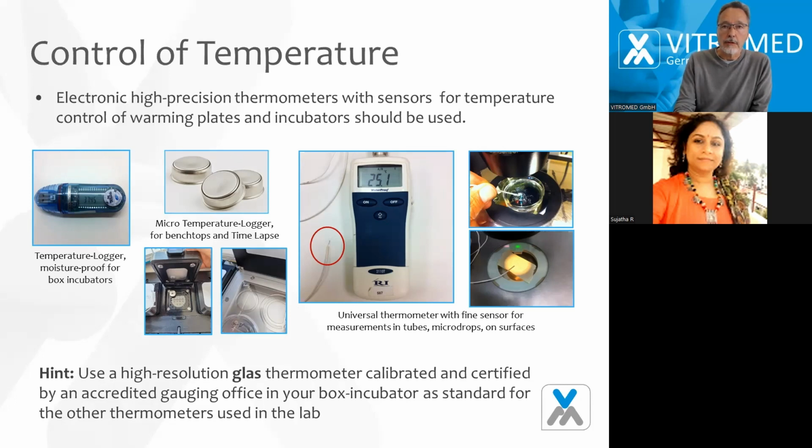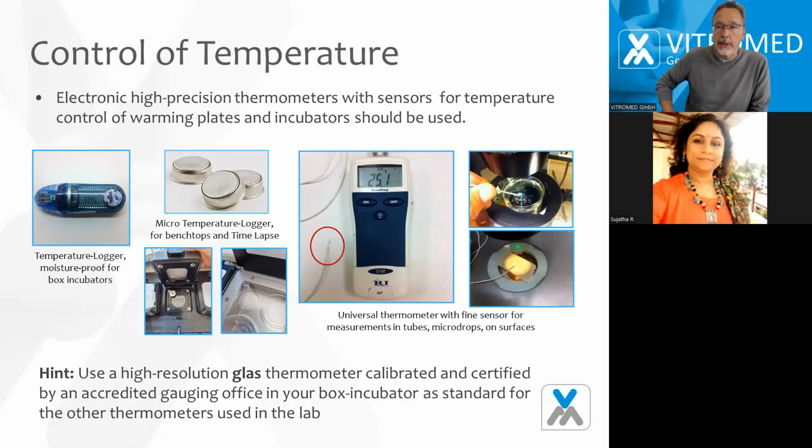One tip I want to give: we always use a high resolution glass thermometer that is calibrated and certified by an accredited calibration office in our box incubators. And we leave it inside the incubator the whole year long. It's in a 14 ml tube filled with some oil.